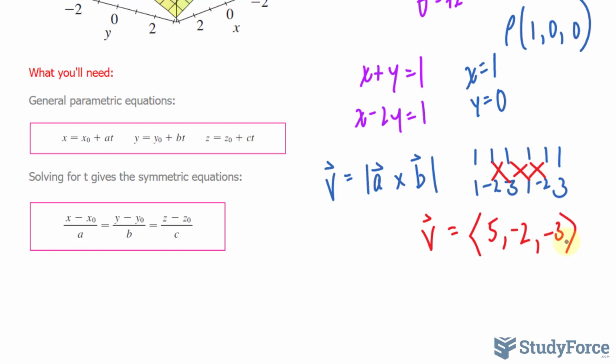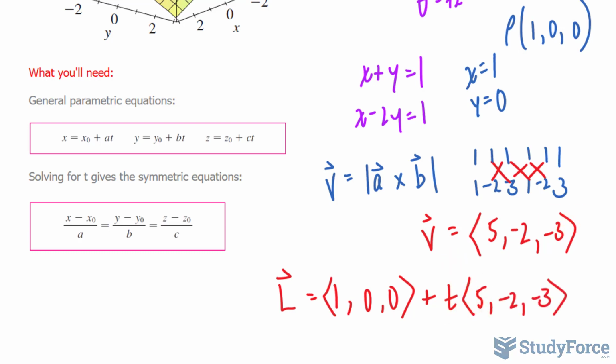Now we found the direction vector, and we can write out the equation of the line, and it too is a vector, as the point that we found written in vector form, so 1, 0, and 0, plus a scalar quantity times the direction vector. The next step after this would be to write these as parametric equations, and from there we can use the parametric equations to come up with these symmetric equations.